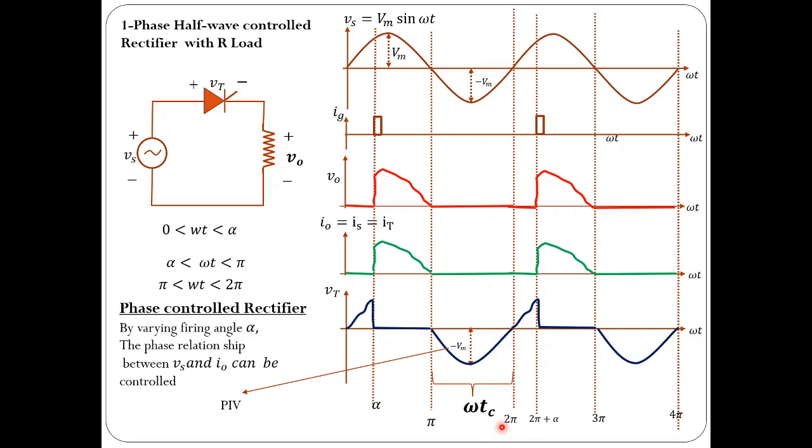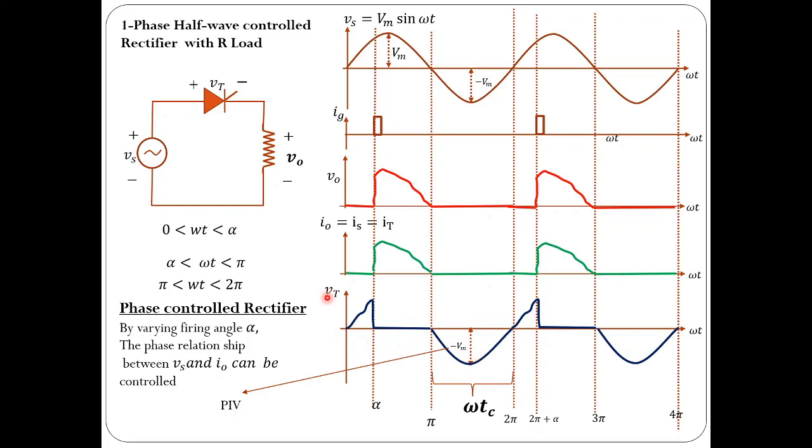Circuit turn off time is the time after the current through the thyristor became 0 until the instant where the reverse voltage becomes 0. So here the thyristor current became 0 and the reverse voltage becomes 0 somewhere here. The time between these two instants is known as the circuit turn off time.